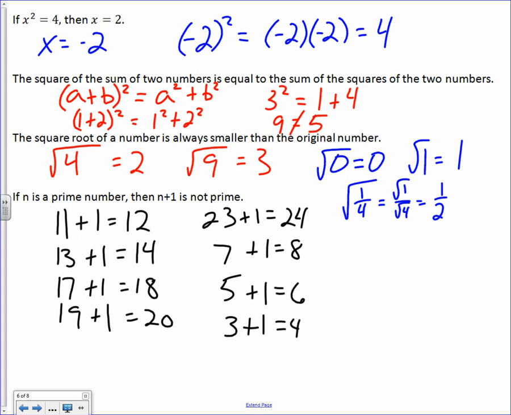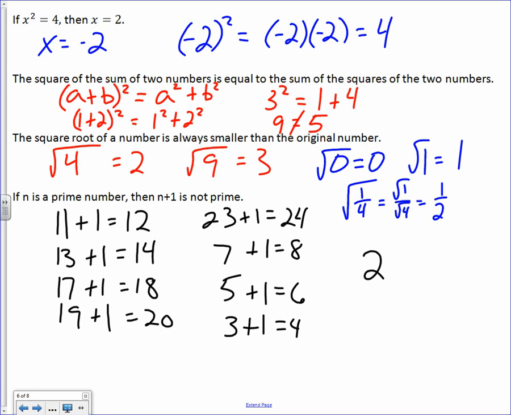So what generally is our problem here is that most of our prime numbers are odd. In fact, there is only one example of where we have a prime number that's not odd, and that's actually going to be our counterexample here. Anywhere else, if you take an odd number and add 1, you have an even, and evens can't be prime except for 2. 2 is an even number and it is prime.